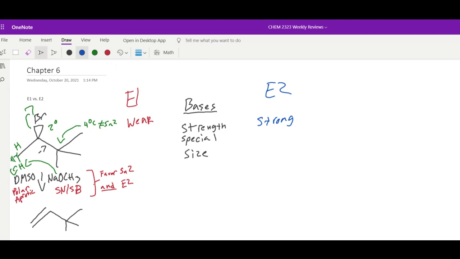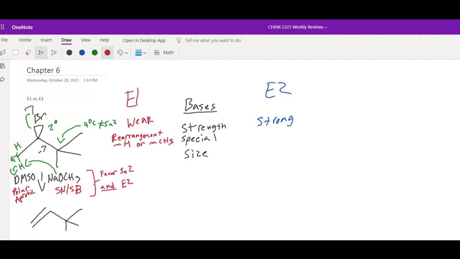There might be a few exceptions here or there. Now, the special case that I have written for both of these is that E1 also has rearrangements. So it can also do a hydride shift or a methyl shift.